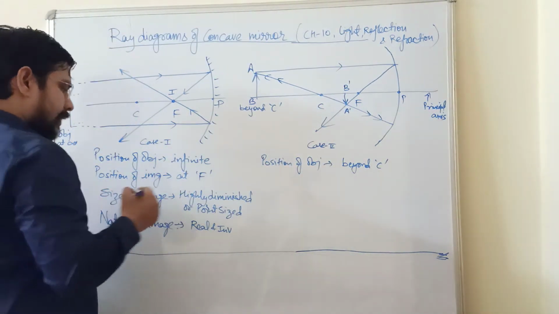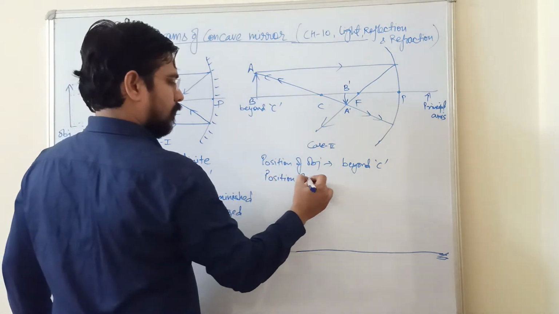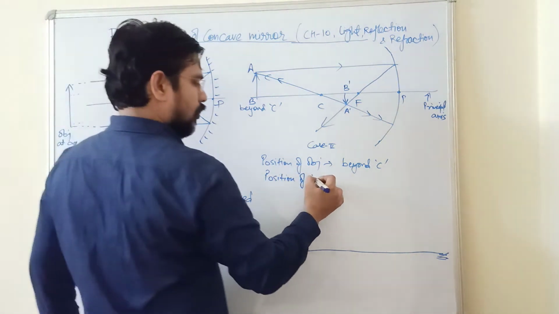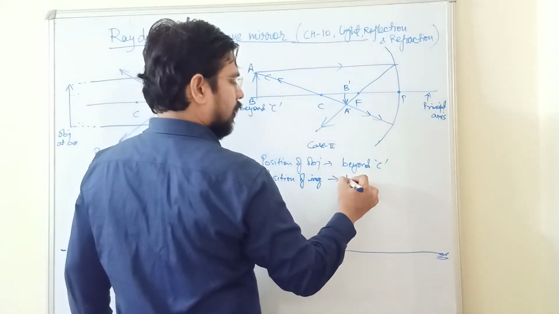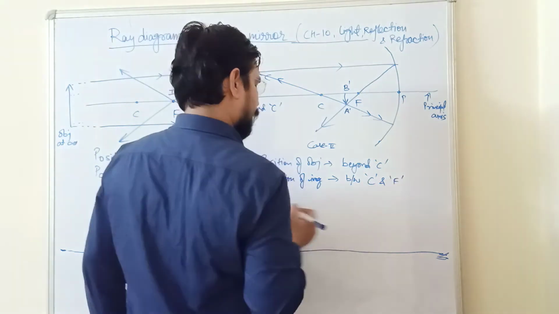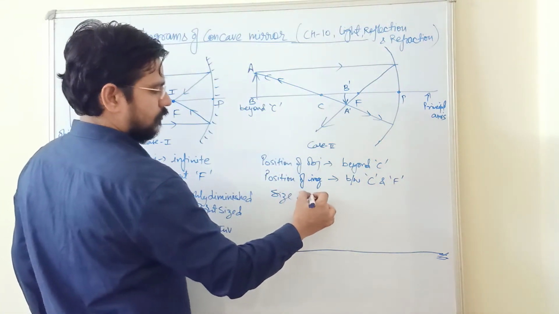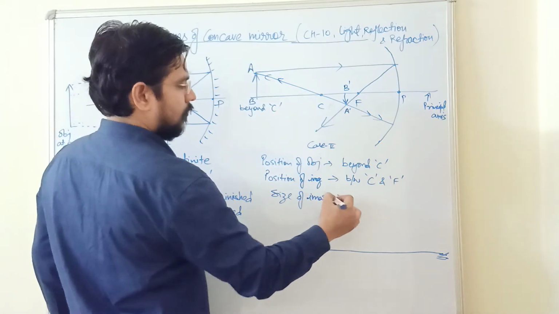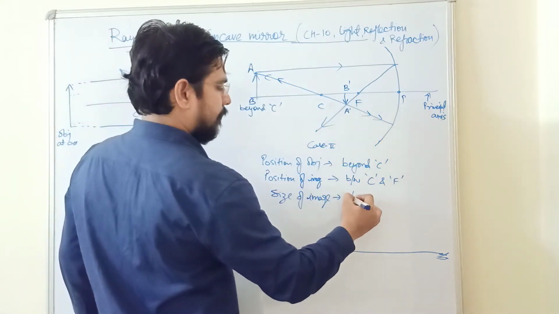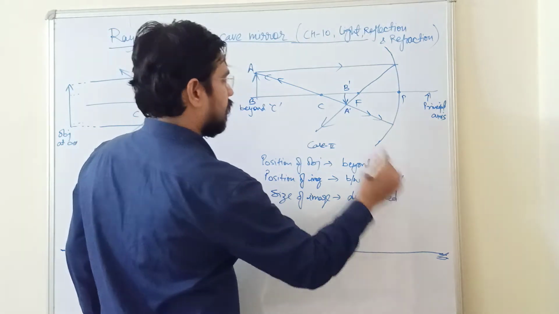So now we can write the position of image here. Position of image is between center of curvature and focus, and the size of image is diminished because it is smaller than the size of object.